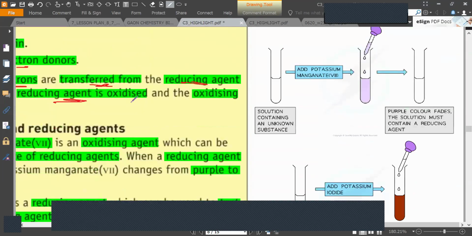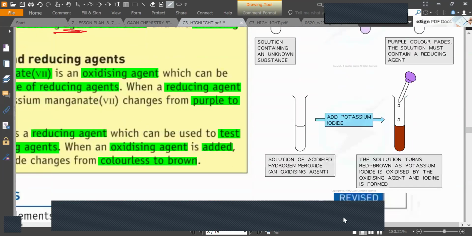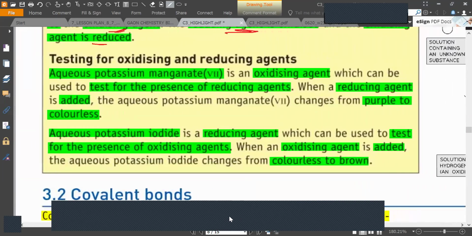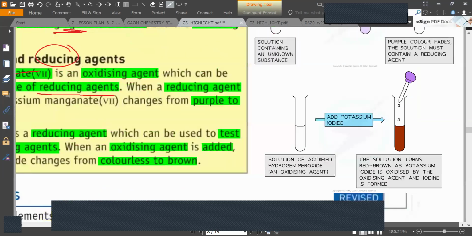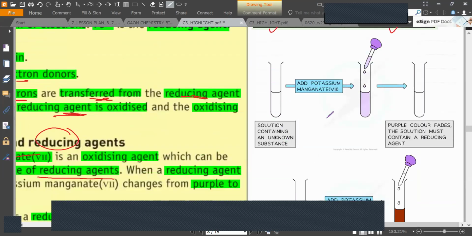And then finally, final point for today, we can test for oxidizing and reducing agents. We can use potassium manganate to test for a reducing agent. If we have a reducing agent, the color will change from purple to colorless.